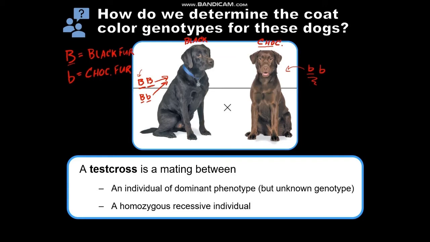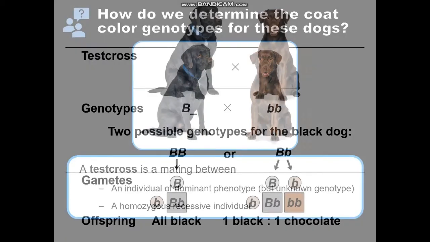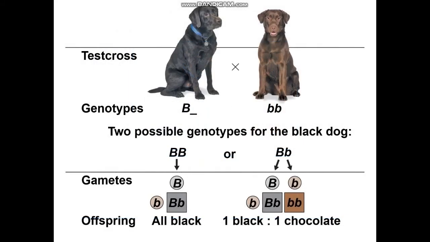So if we look at the puppies that these two parents create, we can get a little bit more information. Okay? If this second allele is a dominant allele, well, then there's only one kind of allele that he can pass on to his puppies. And if all of the puppies get a dominant allele, they all are going to end up with black fur.